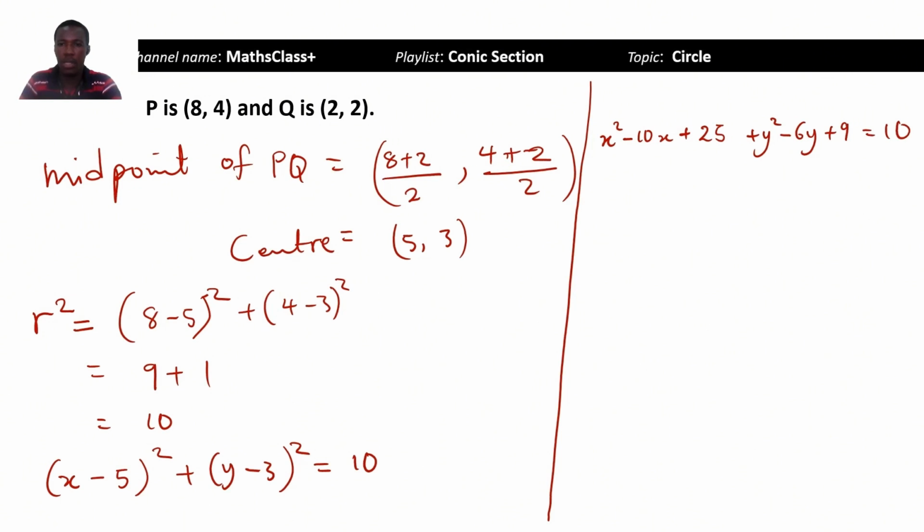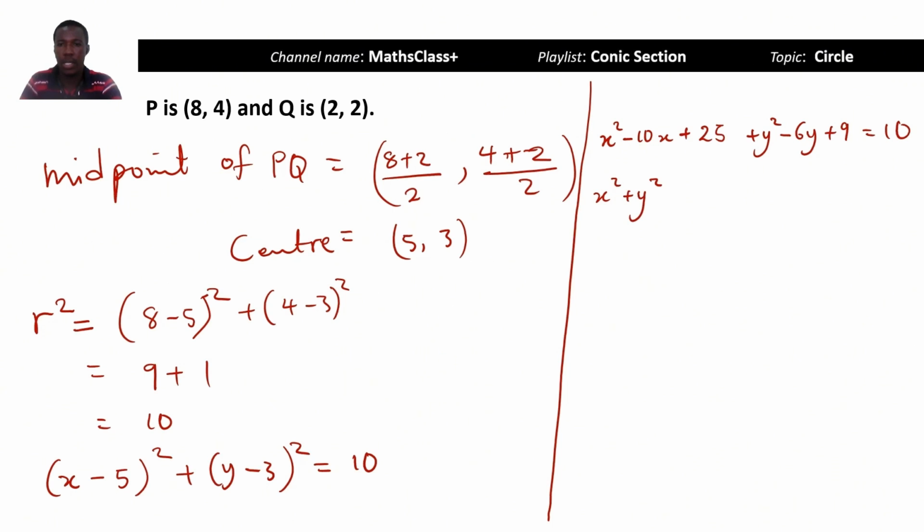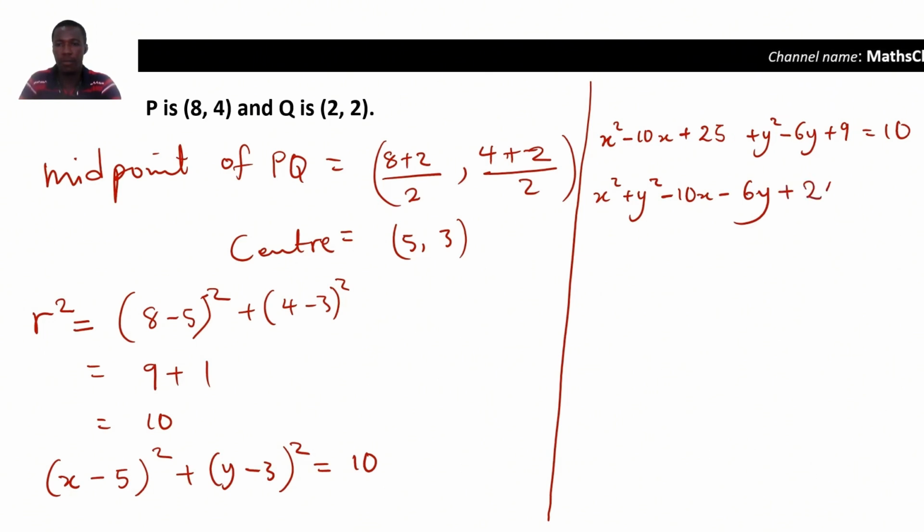And that will be x squared plus y squared minus 10x minus 6y. So 25 plus 9, that will be 34. Then minus 10 will be 24 equals 0. So when you look at this equation and the previous one, you see that we get the same answers. Okay.